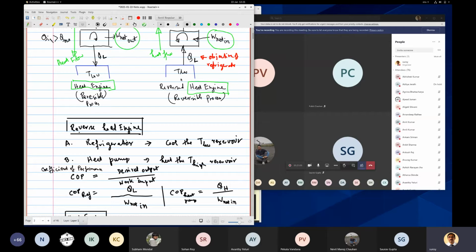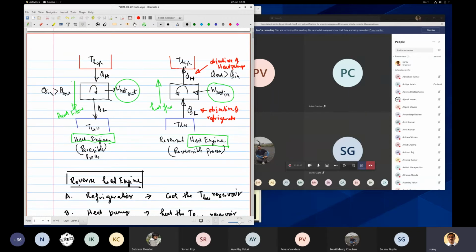So you have to take heat from the cold surrounding where it's snowing, and then heat up the space inside. That is the same thing; we are calling it a heat pump. When the purpose of this reverse heat engine is to heat up a room, it's called a heat pump. When the purpose is to cool some space, it is called a refrigerator, right?